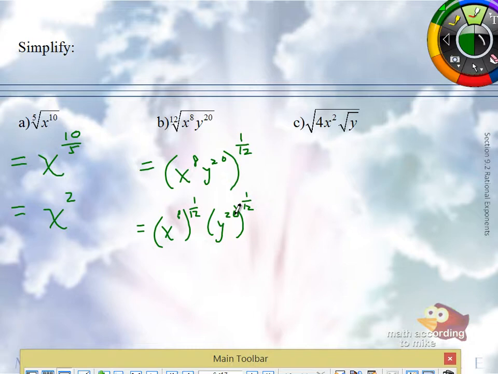And now we have a power to a power. What do we do with the powers? Multiply. 8 times 1/12 is 8 twelfths, which we'll reduce in a second. 20 times 1/12 is 20 twelfths, which we'll also reduce in a second.